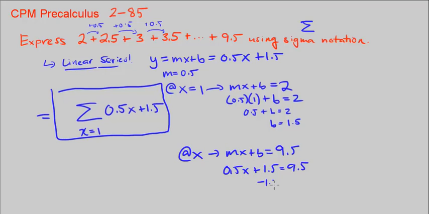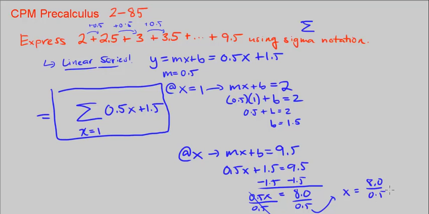Let me subtract 1.5 from both sides. 9.5 minus 1.5 is 8, so 8 equals 0.5x. Now we want to divide both sides by 0.5. The 0.5 cancels, and I'm left with x equals 8 divided by 0.5.